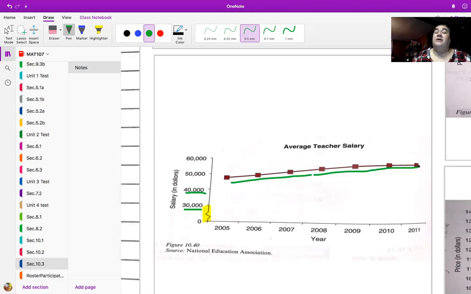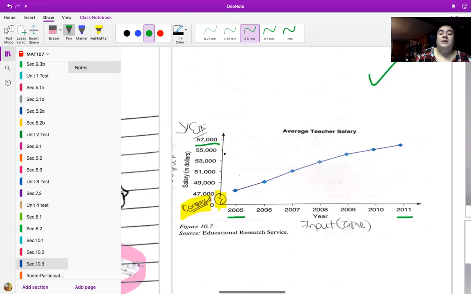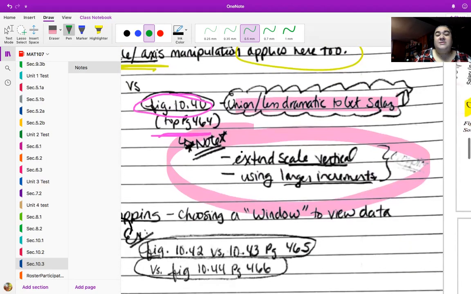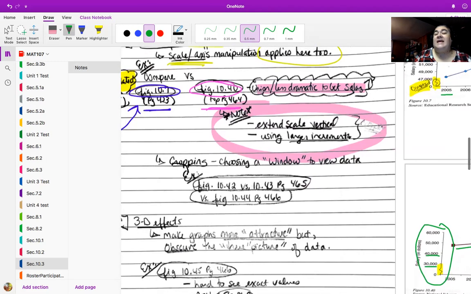It almost looks like a flat line. So their argument is that salaries have barely been raised, but they're doing this by manipulating the scale in such a way that their graph appears as if it's barely increased at all, versus the more accurate graph that shows that, yes, it's still not a great increase, but it has indeed increased over the years.